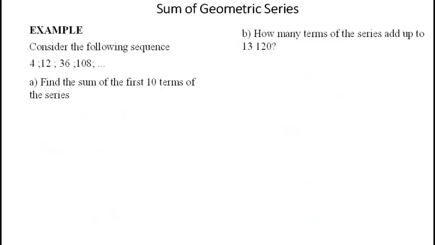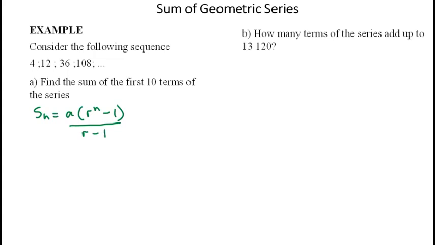Now let's find the sum of this series, the sum of the first 10 terms. We're not going to write out 10 terms and then add them up. There is a formula that I just introduced at the beginning. The sum of a geometric sequence is this one: a times (r to the power of n minus 1) over r minus 1.